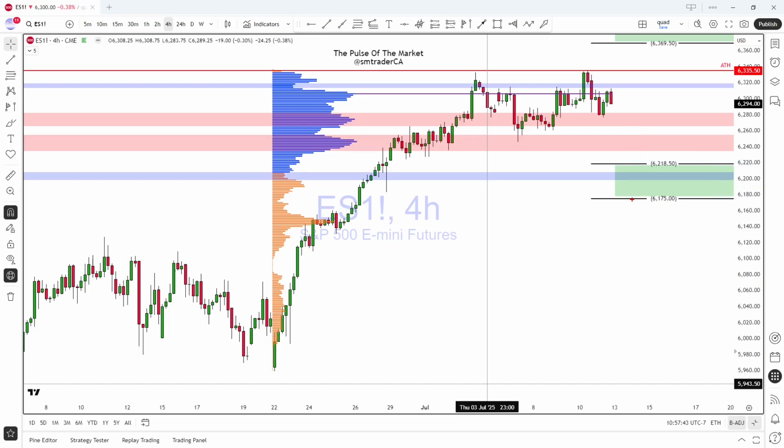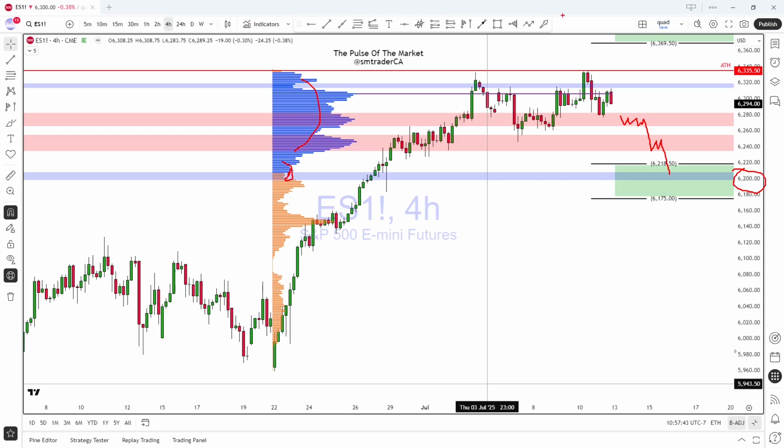That would be the downside scenario: watch this high volume zone to see whether they hold. If they do not hold, then we're looking at the possibility of retracing down to this tapered end of the value area down at the 6,200.